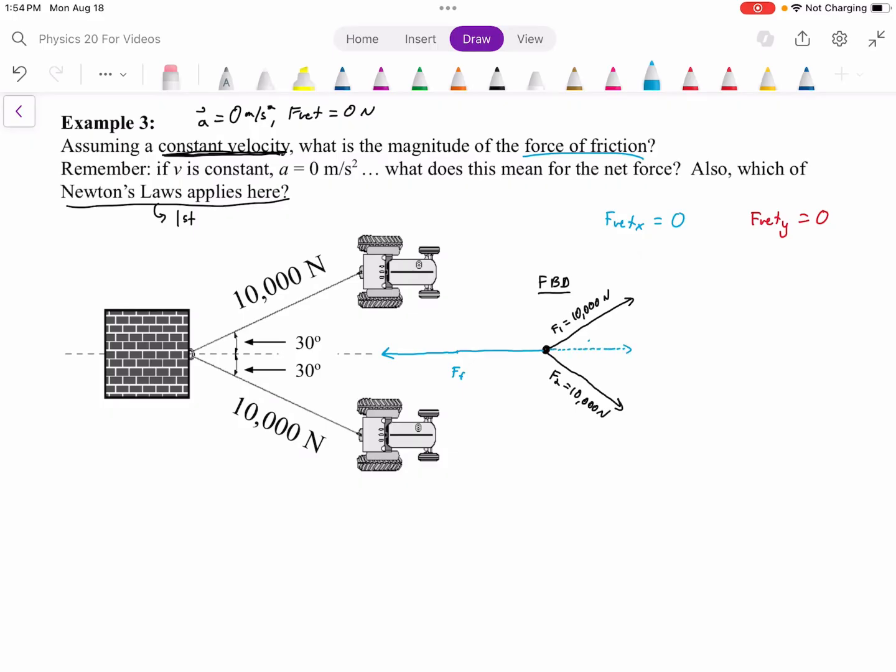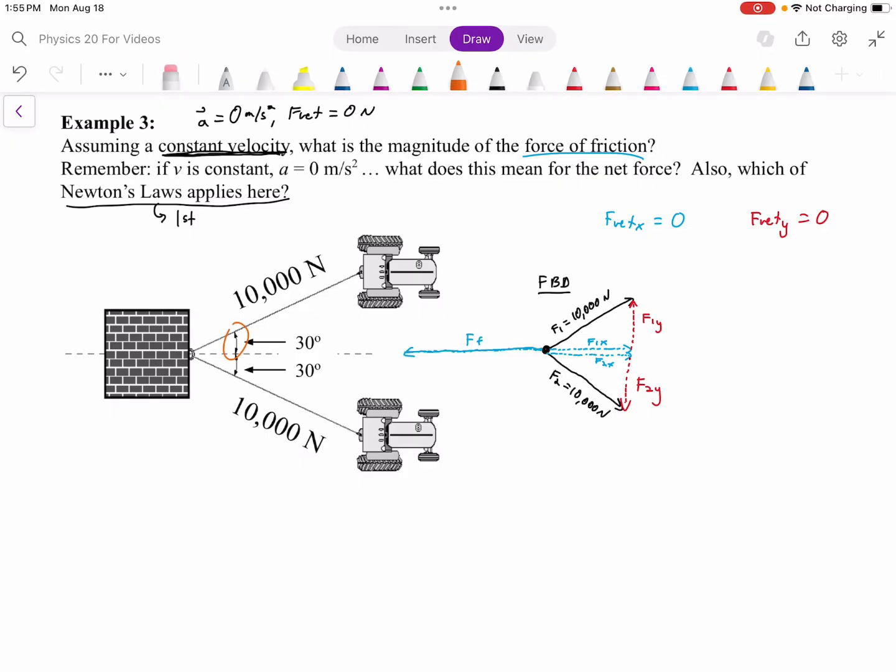That would be F1x and there's its y component, and F2x, same direction, same size, because the force itself is the same and the angles are the same. That would be F2's x component, and there's its y component. I've drawn the force of friction to be roughly as large as both of these x components, because it needs to be in order for them to cancel out and give us 0. I actually did maybe draw it a little too big, but something like that.